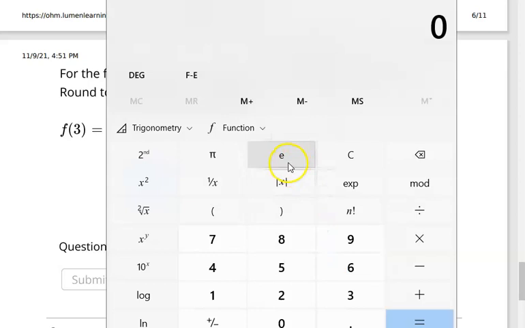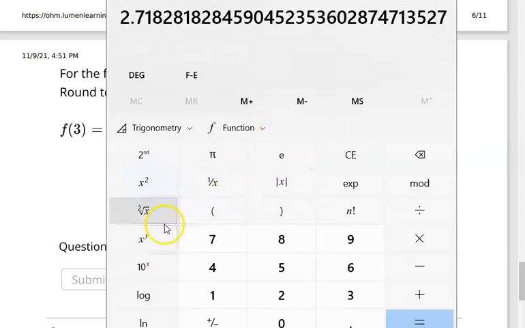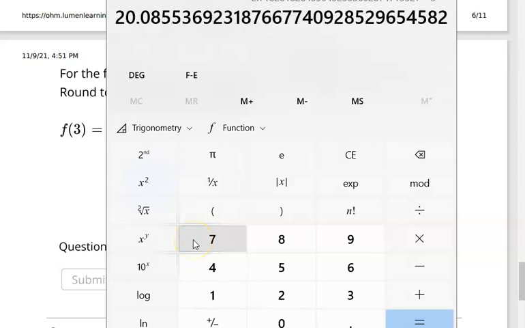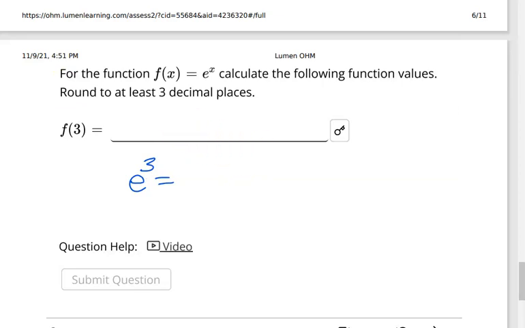There's e, and then I take it to a certain power. So e, x to the y, where y is 3, 20.0855. It said 4 decimal places, right? Oh, 3 decimal places.